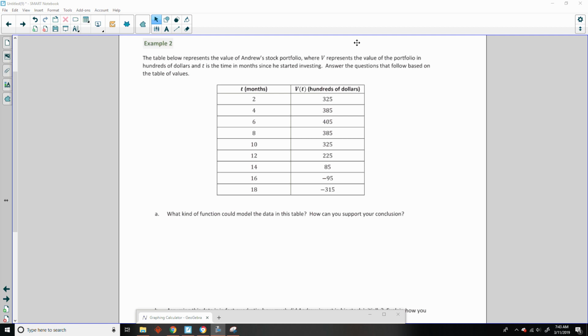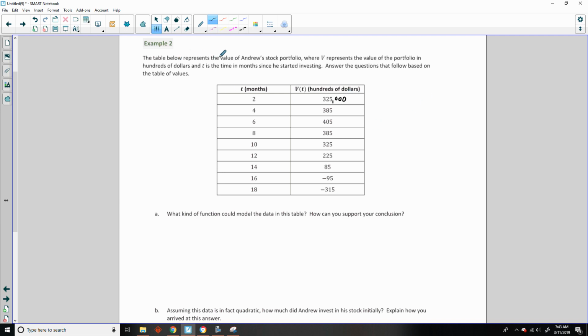Okay, example 2 says the table below represents the value of Andrew's stock portfolio, where V represents the value of the portfolio in hundreds of dollars. So if this is in hundreds of dollars, that means this is 325 hundreds, which is $325,000.